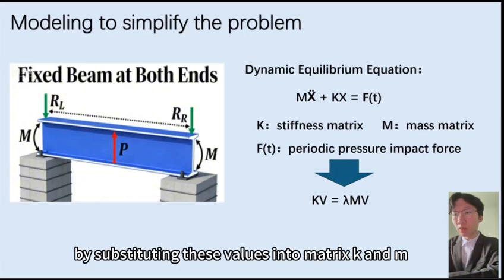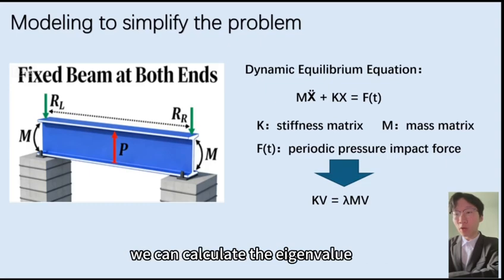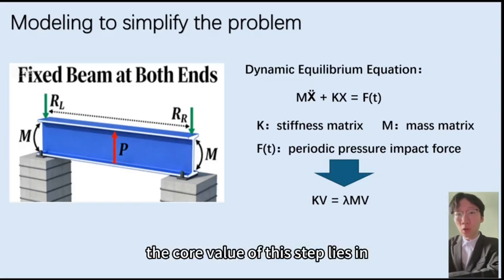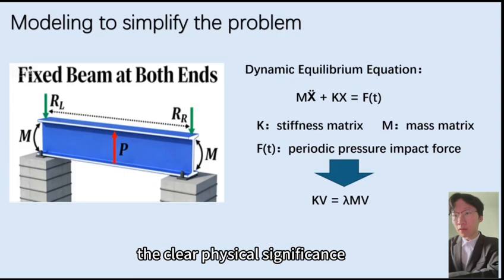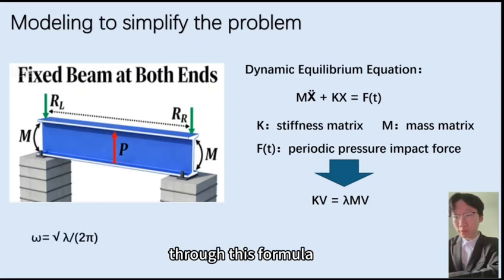By substituting these values into matrices K and M, we can calculate the eigenvalues lambda and eigenvectors V. The core value of this step lies in the clear physical significance of eigenvalues and eigenvectors. The eigenvalue lambda can be directly converted into the pipe's natural frequency omega through this formula.